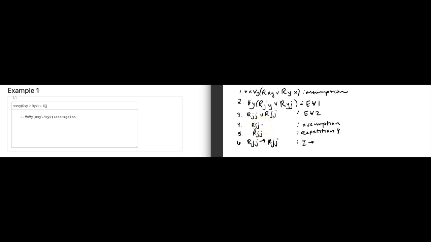But we know that both of these disjuncts are the same thing, so we can go ahead and do a disjunction elimination using this conditional with this disjunction. So we can conclude Rjj by eliminating the disjunction on line 3 with our conditional on line 6, and then to be consistent we can double cite line 6.